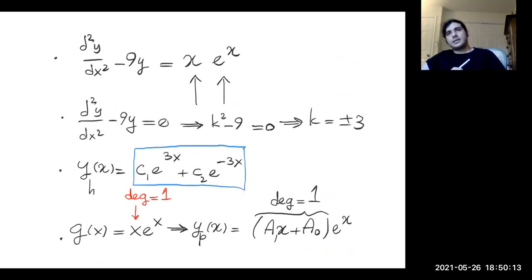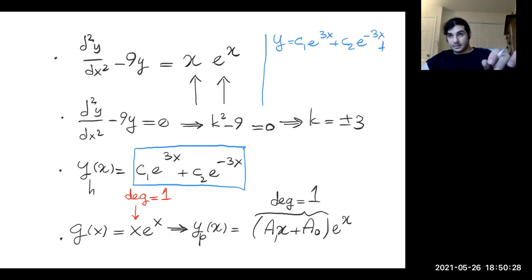We should add this one to the solution we got on the other page. So our final solution is C1 e^(3x) plus C2 e^(-3x) plus what we had there, minus 1/8 x e^x minus 1/32 e^x.